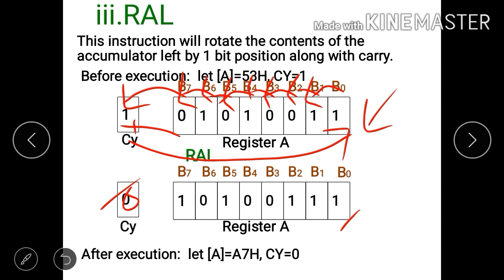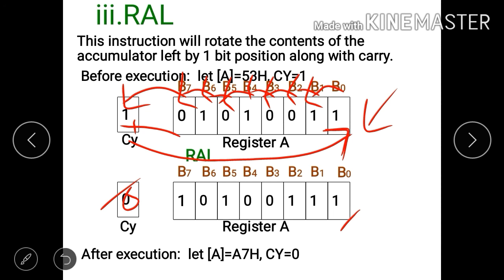The 0 of B5 is placed into B6, and the 1 of B6 is placed into B7, and the 0 of B7 is placed into the carry, and the 1 of carry is placed into B0.